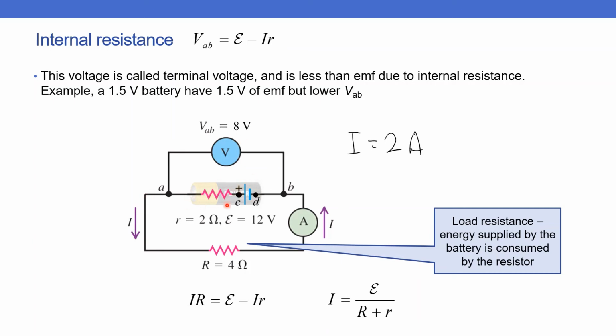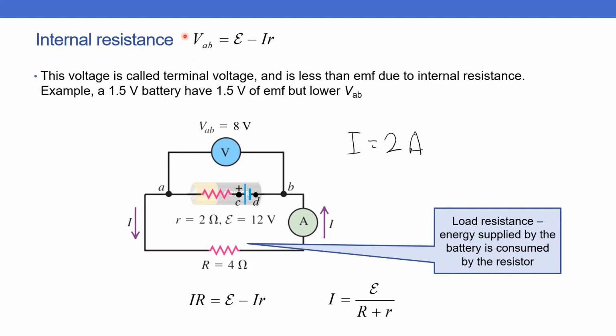However, if you look closely inside the battery, this battery is supposed to be able to give out EMF of 12 volts. But due to the 2 ohm internal resistance, the voltage that comes out is only 8 volts. Next, this 4 ohm resistance that is outside of the battery, that is included in the circuit, is called the load resistance. You call this the load because the energy supplied by the battery is consumed by the resistor.